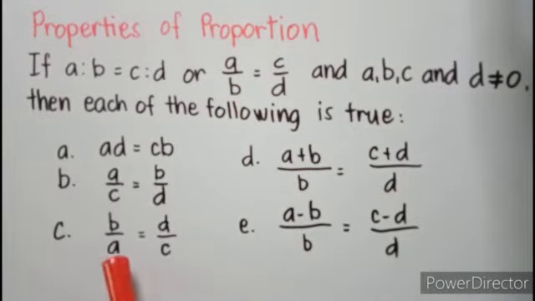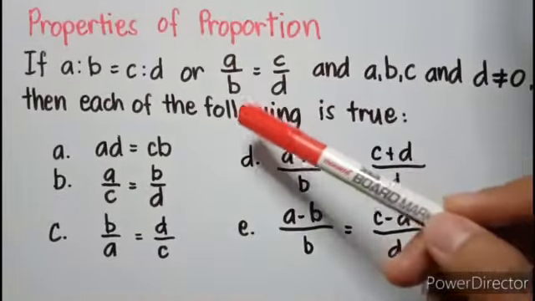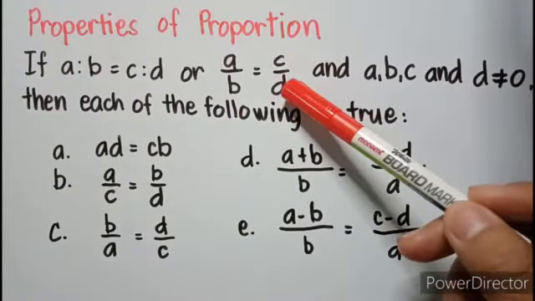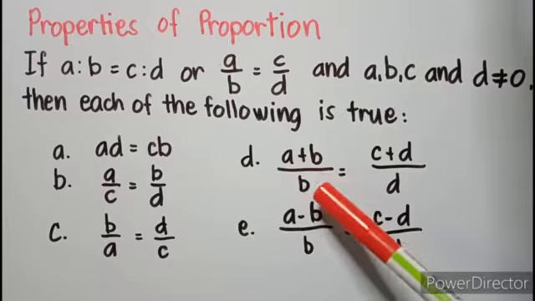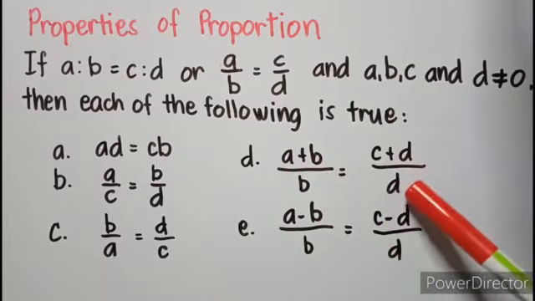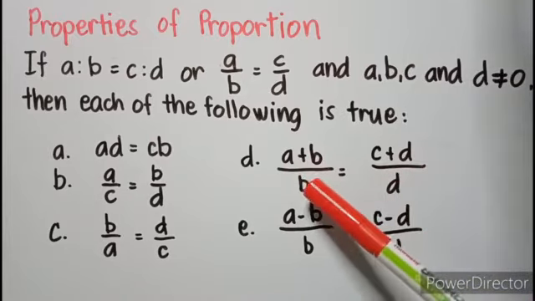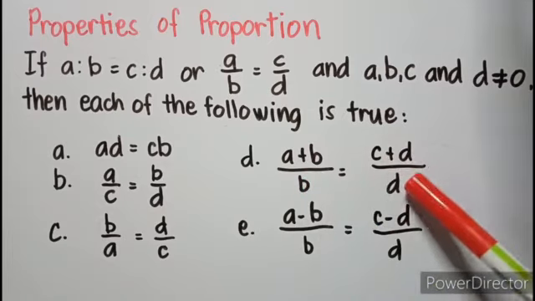Then C, B over A is equal to D over C. So we just interchange A and B, C and D. Then letter D, A plus B over B is equal to C plus D over D. So we add the numerator to the denominator on both sides.